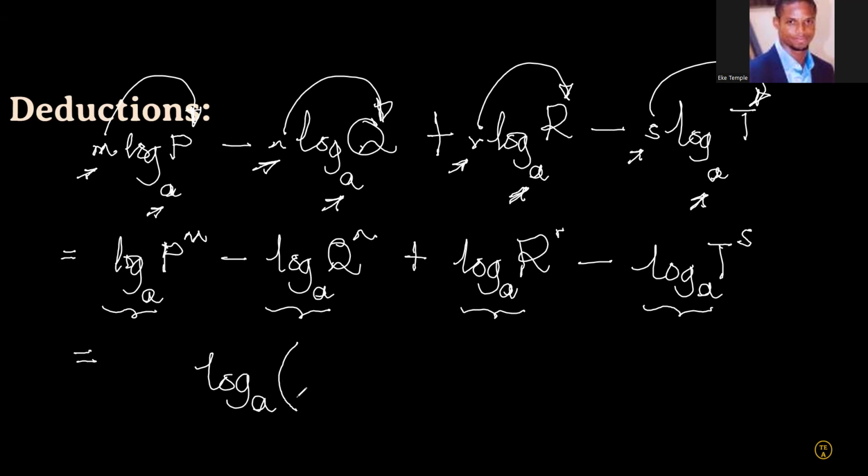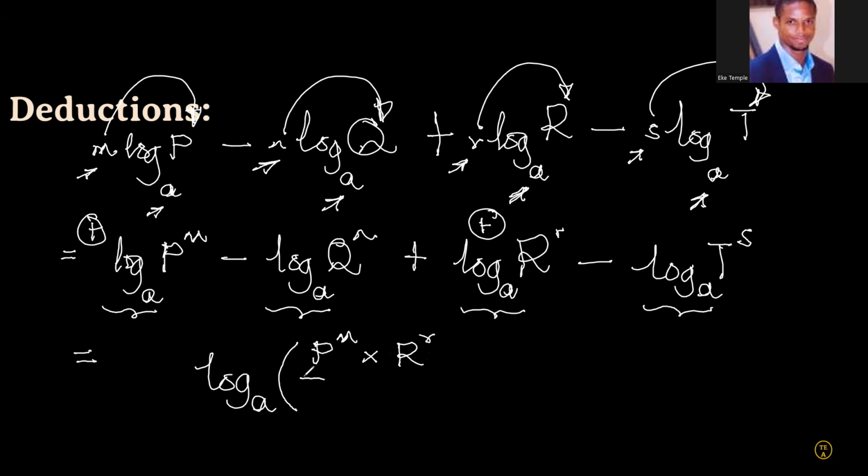Their arguments will multiply in the numerator. The positive logarithms here, of course, the first one, plus log to base A of R to the power r, must be in the numerator. So we have the argument P to the power M multiplying the second argument R to the power r.